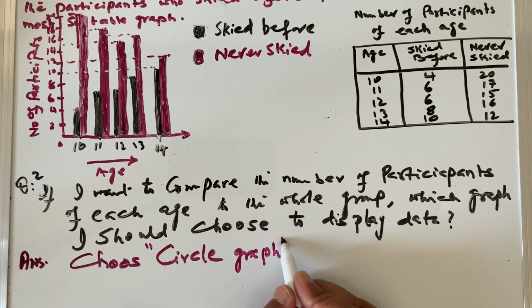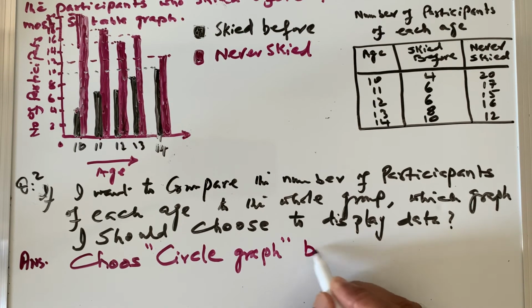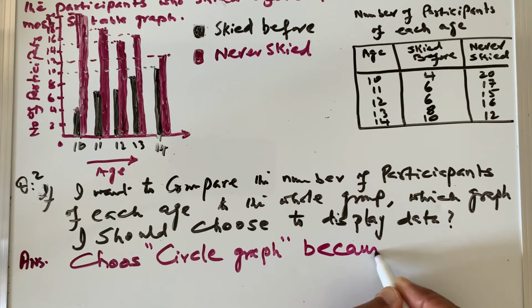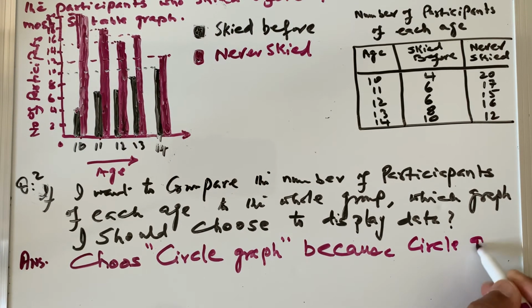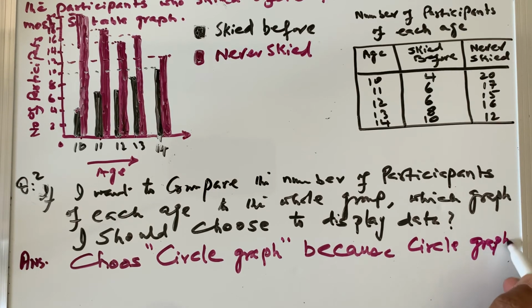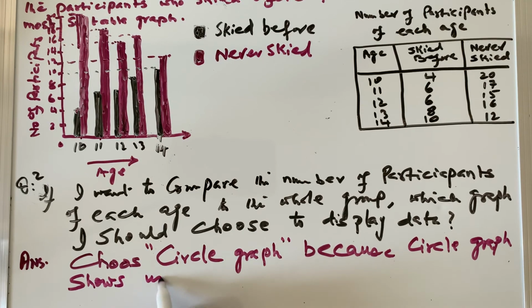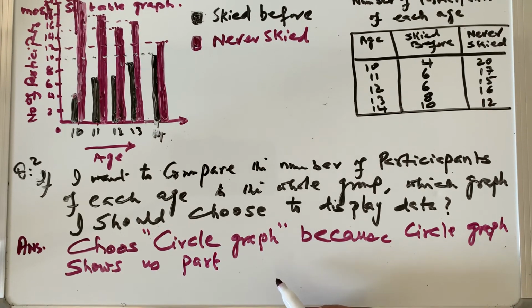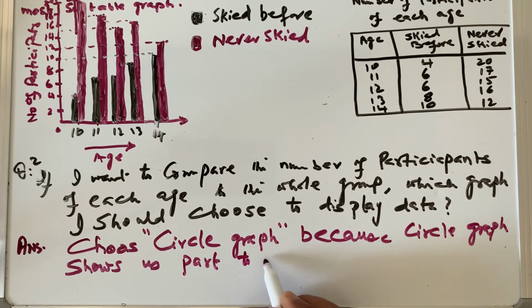Because circle graph shows us the part to whole relationship.